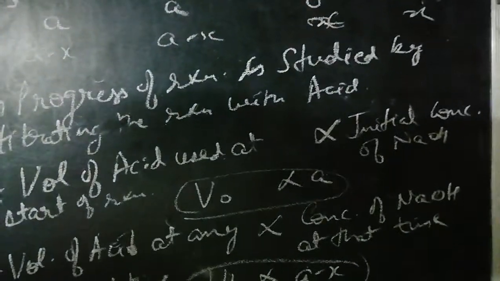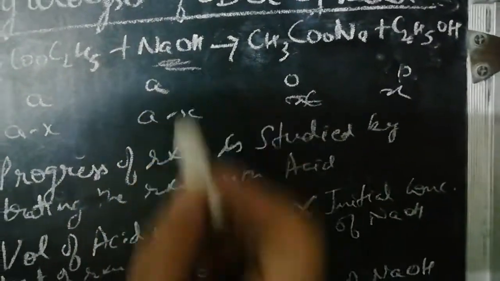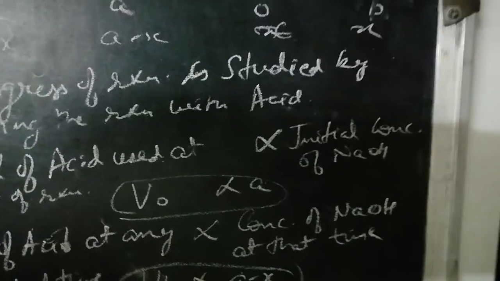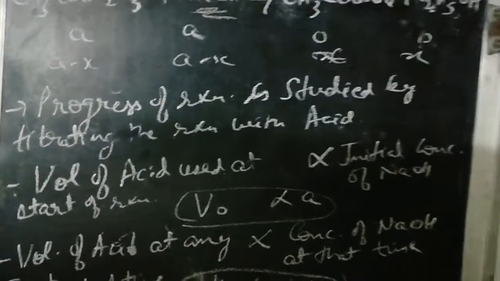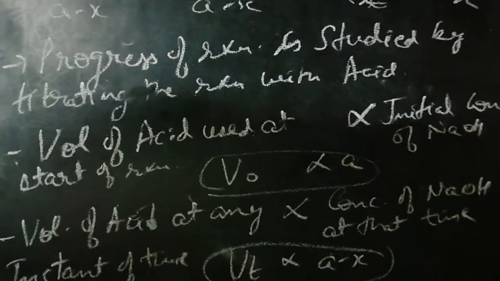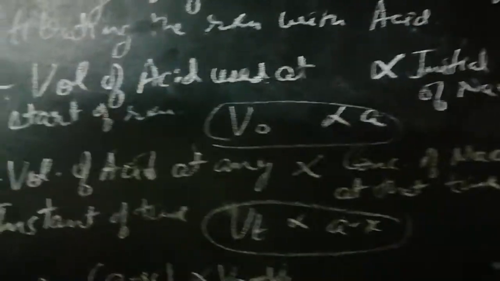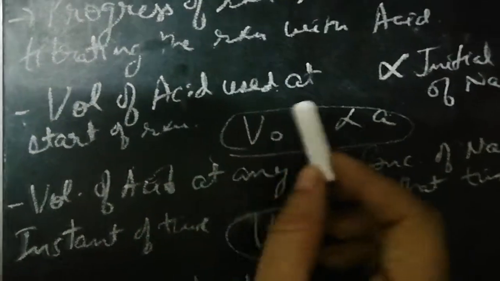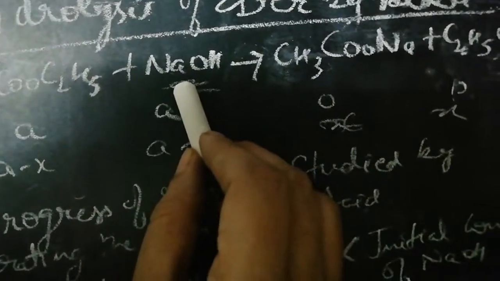So as we can see, this reaction has an alkali. So we can study this reaction by titrating against any acid solution. So we can write that progress of reaction can be studied by titrating the reaction with any acid. So volume of acid used at the start of reaction: how much acid will we need at the start of the reaction?